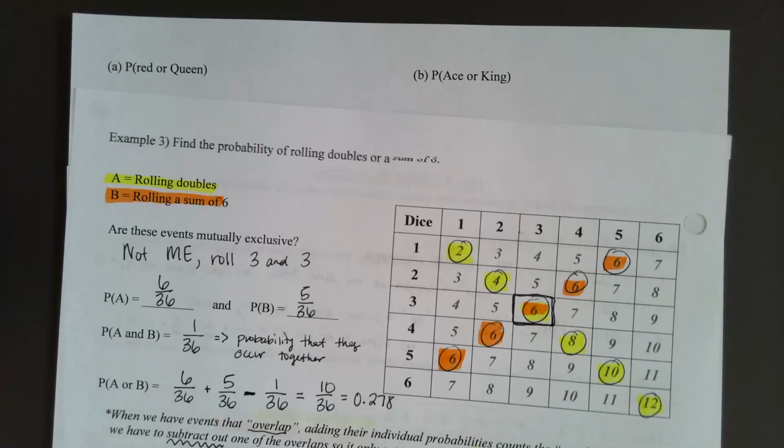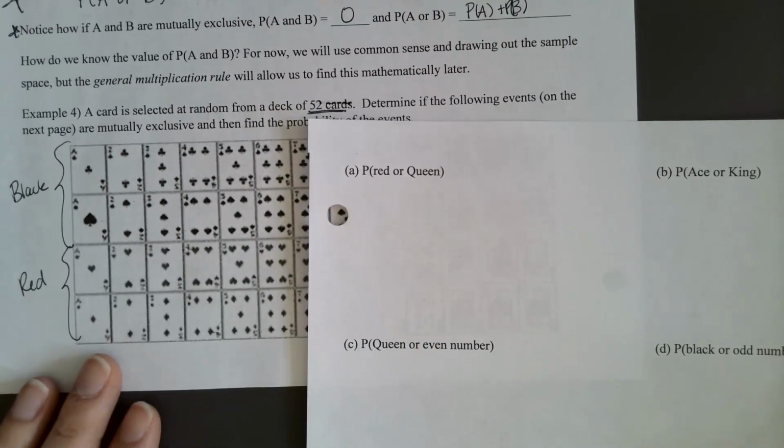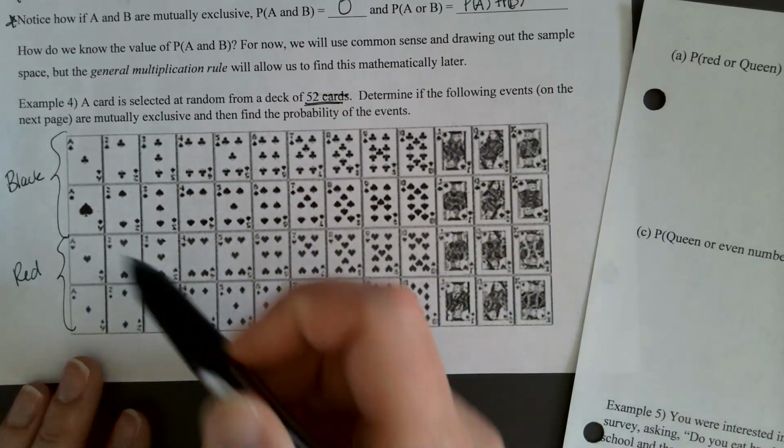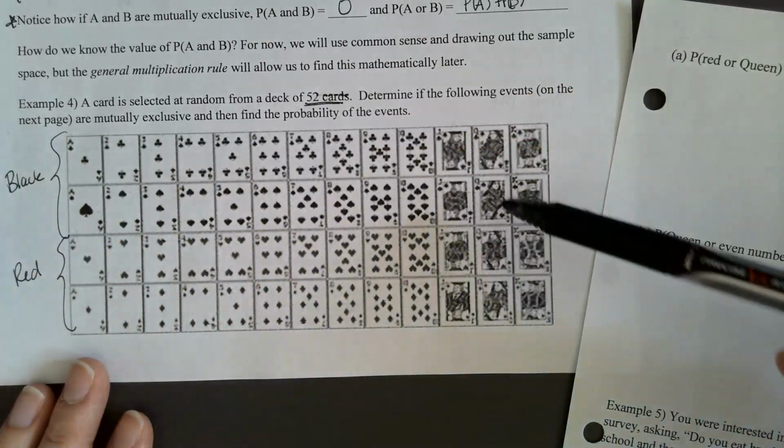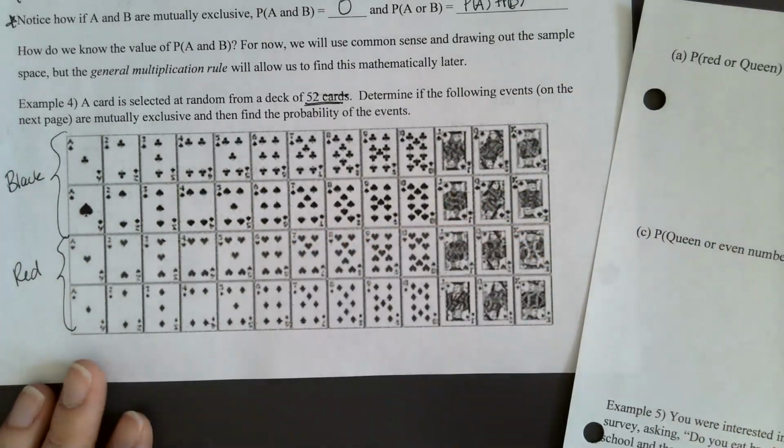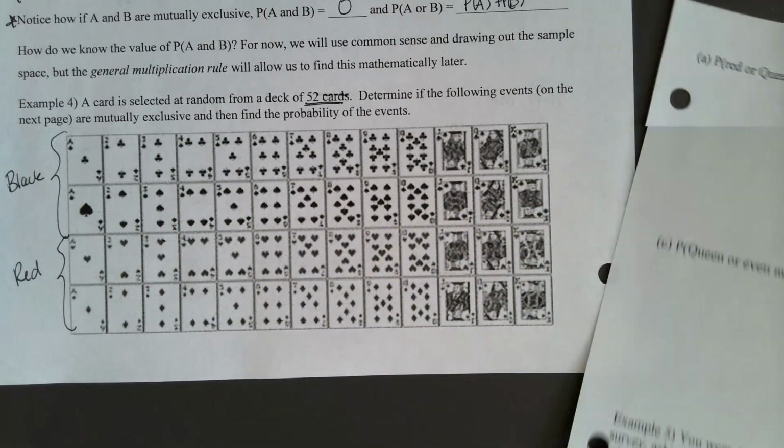So taking a look at our first probability here, we want the probability that we're going to get a red or a queen. So remember, half the deck is red, half the deck is black. We have king through ace on all suits.